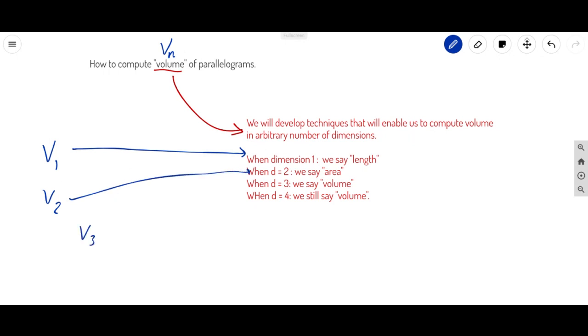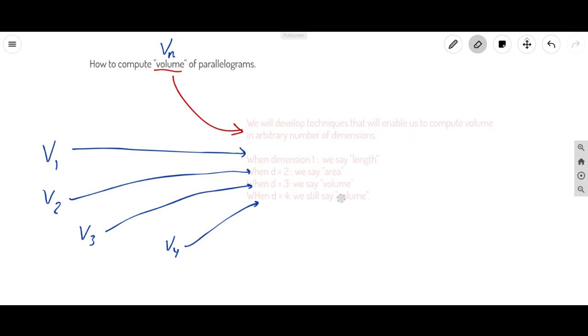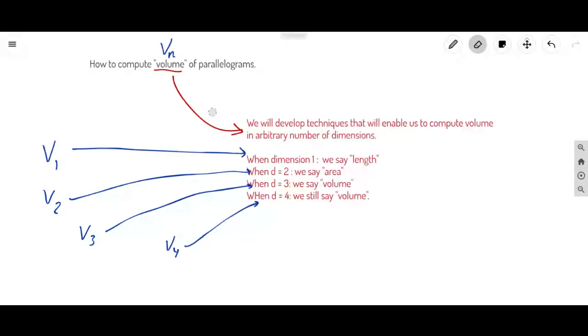V subscript 3 is volume the way you usually think about it. If it says V subscript 4, you cannot even visualize what's happening anymore, but mathematically you can still develop the rules so you can work with V4, and in general we'll have rules for how to work with Vn. It's a common thing in math: we use the same symbol, but we index it depending on the dimension you're located in.